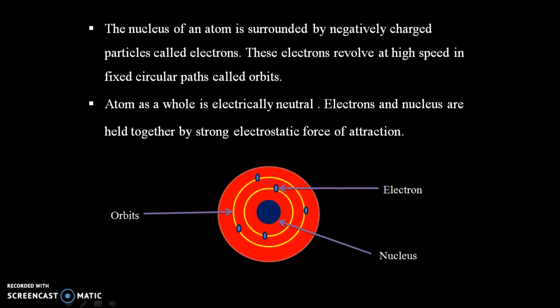Rutherford also predicted the existence of neutral particles inside the nucleus, but he failed to find them. Later, his student James Chadwick discovered the neutron in 1932.